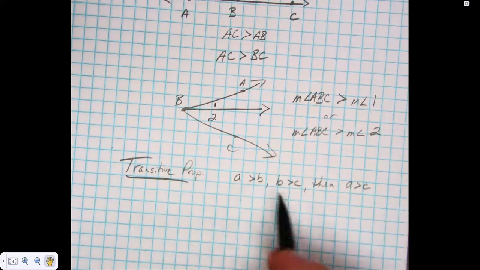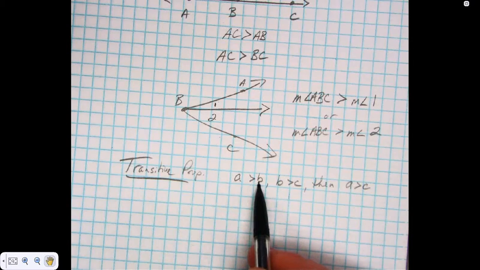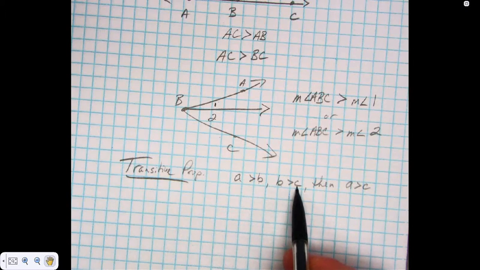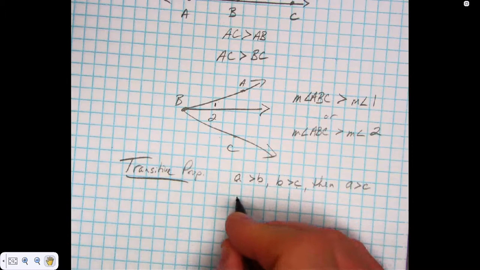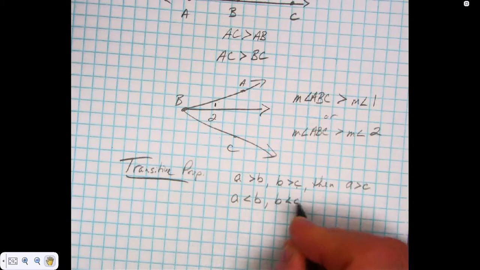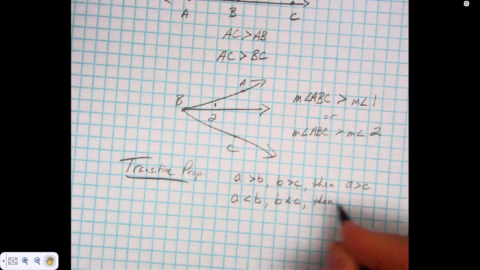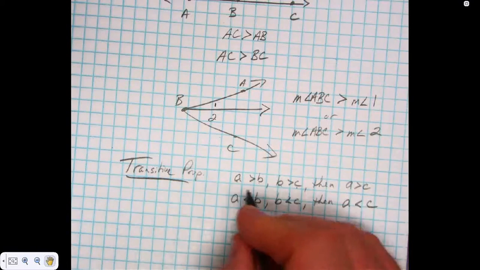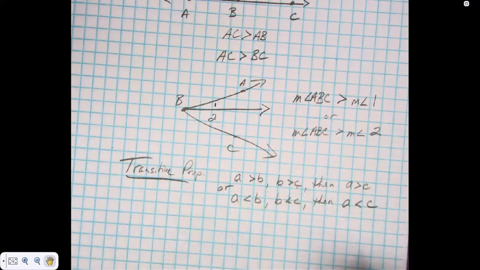C. Why? Well, if A's bigger than B, but B's also bigger than C, then doesn't A have to be bigger than C too? I could write it the other way. If A is less than B and B is less than C, then what do you think we can say about A and C? A is less than what? So you can say it either way.